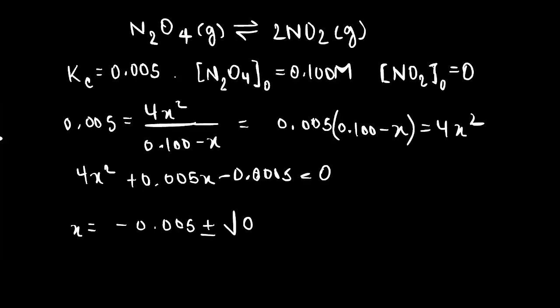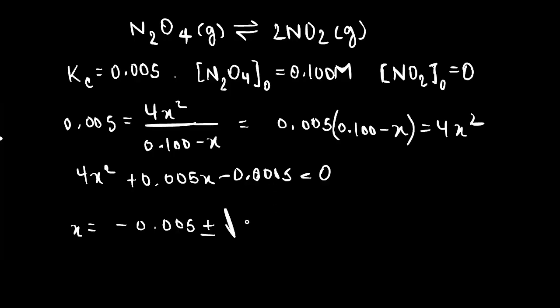Or here, in order to get our b squared minus 4ac, I actually already worked that out here, so I'm sure you should be familiar with the quadratic formula at this point. So just plug in the appropriate values under our square root in order to get our b squared minus 4ac. That's just 0.005 squared minus 4 times 4 times our c, which is negative 0.0005.